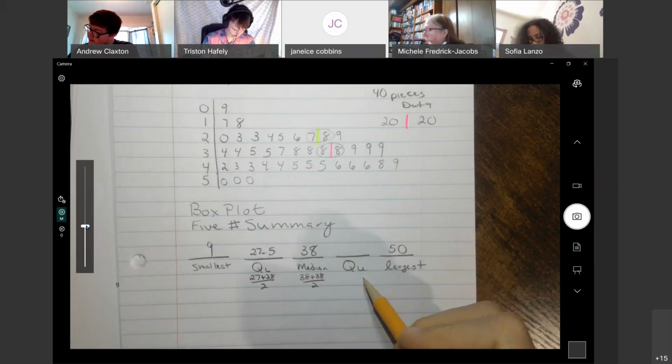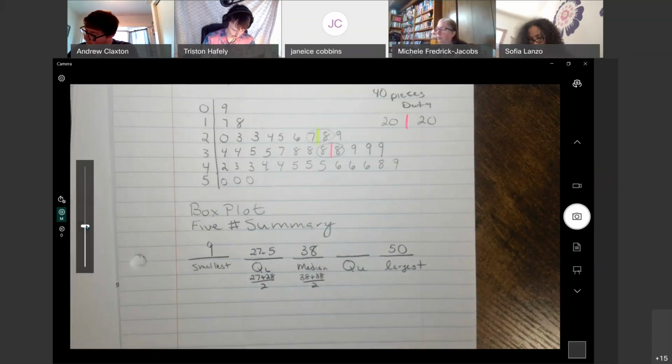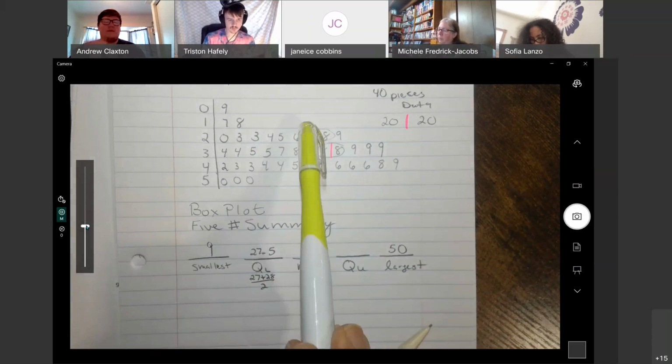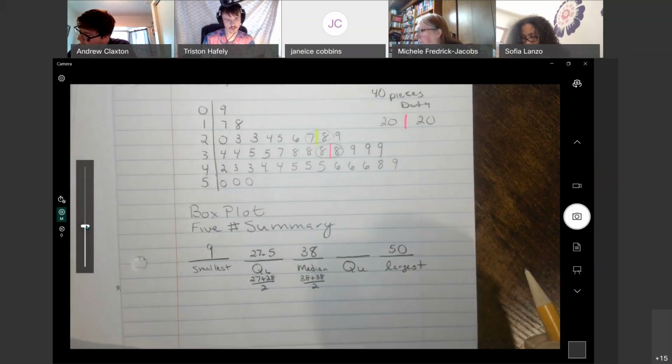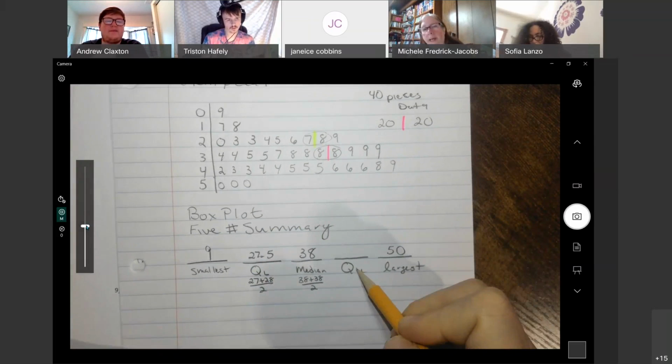Okay, go ahead and find the upper quartile. You do the same thing as we just did for this one, only you do it with the upper part. It's still 20% of the data.